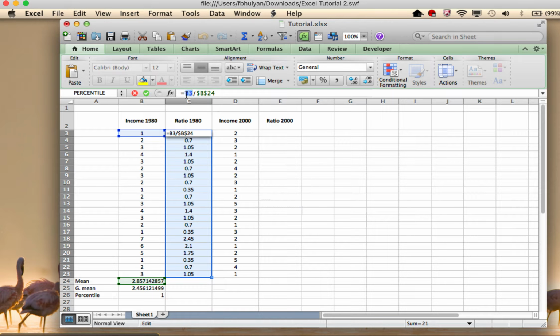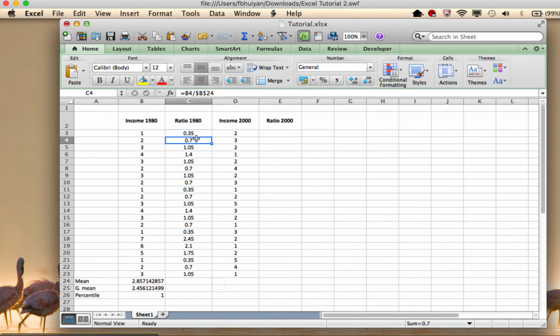The numerator, I didn't put any dollar sign, so that can change. If you notice now what happened, in the second cell the numerator is changing, but the denominator is remaining the same, and that's exactly what we want. That's a very, very useful tool. It's called absolute referencing versus relative referencing.